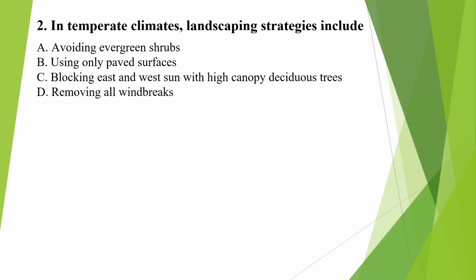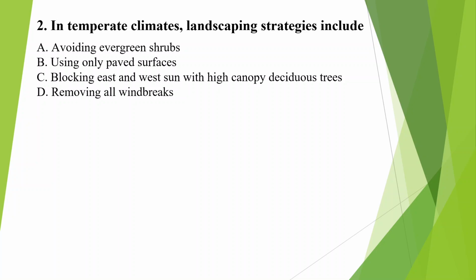That is, in temperate climates, this landscaping strategy will be blocking the east and west sun with high canopy deciduous trees. Since you know that temperate strategies involve maximizing winter sun, and summer shading is required, using evergreens and windbreaks to block cold winds is required.